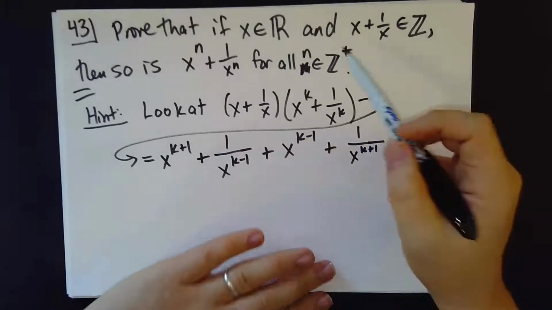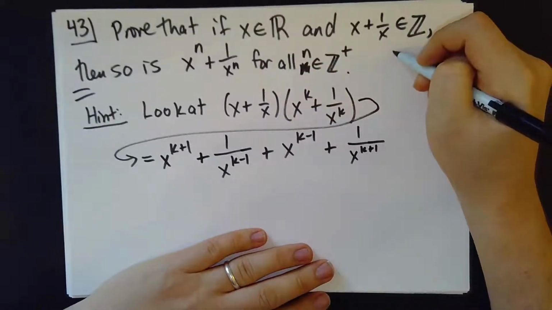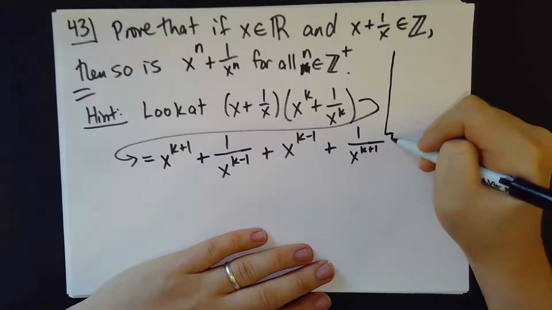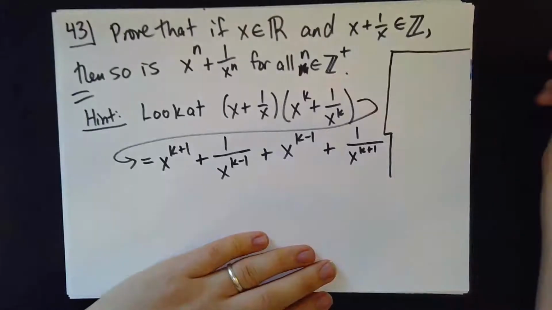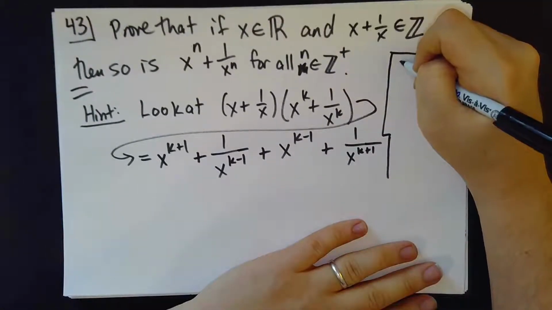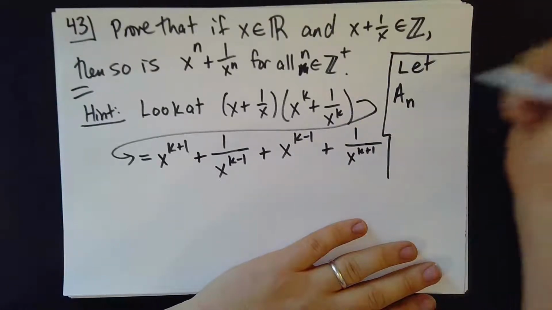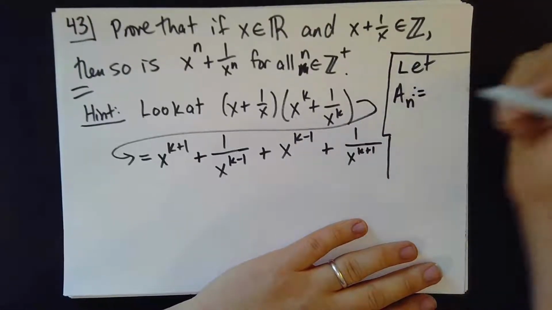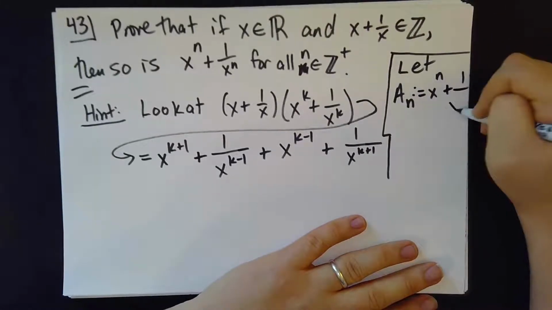And so the key thing here that I can make much nicer is that I can define my own notation. So let's go ahead and let a sub n, I'm just going to use that to denote this x to the n plus 1 over x to the n.